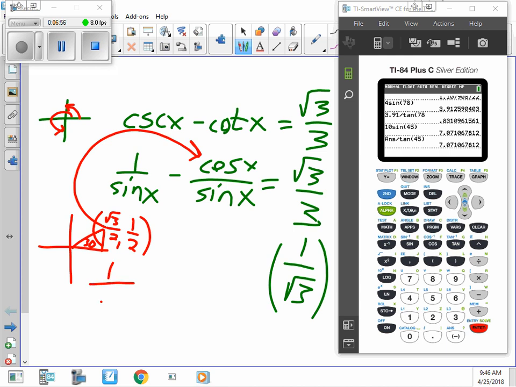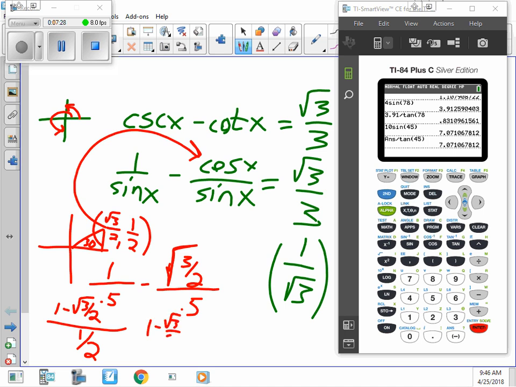So 1 divided by 0.5 minus root 3 over 2 divided by 0.5. Okay. What do we do from here? Well, they're both over 1/2. So 1 minus root 3 over 2 divided by 1/2. Flip and times. So 1 minus root 3 over 2 times 2 over 1.